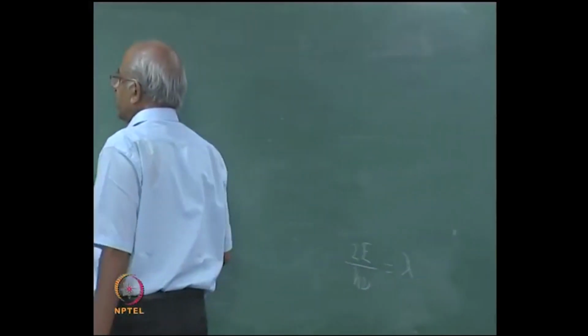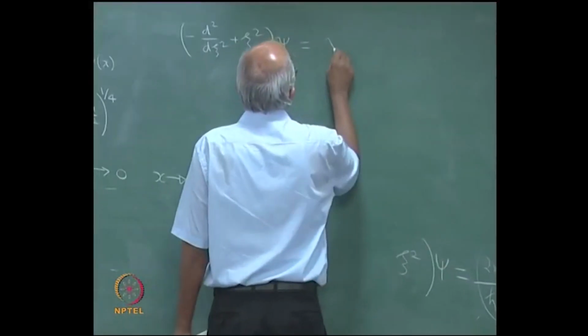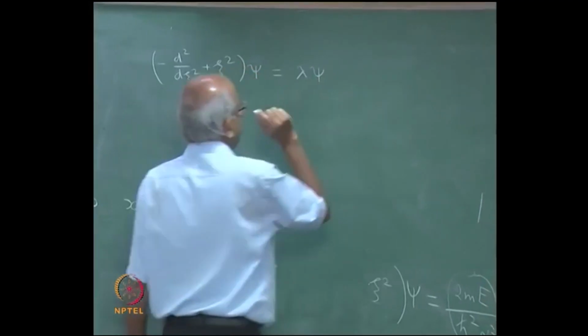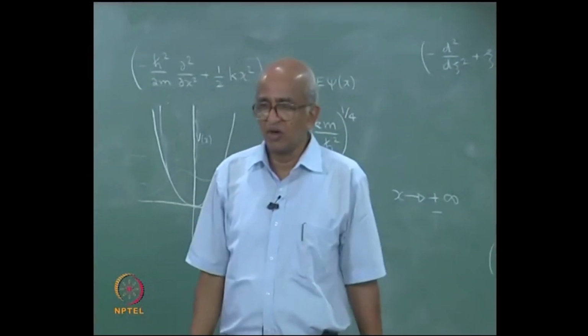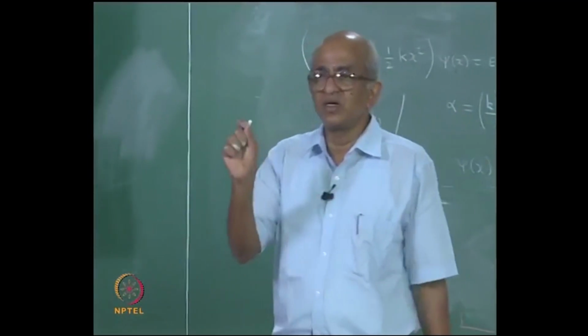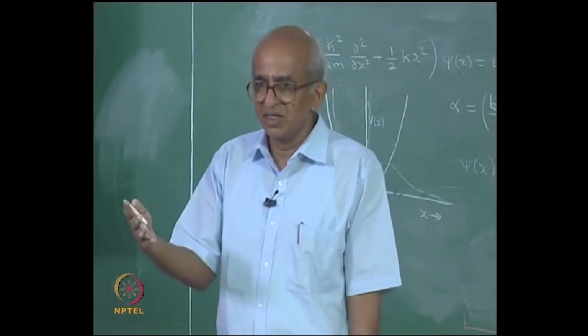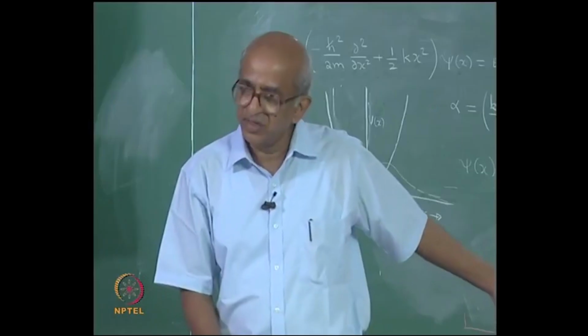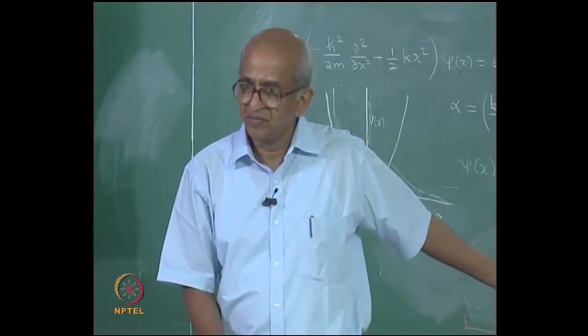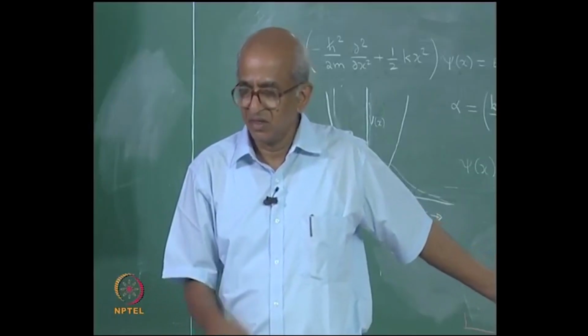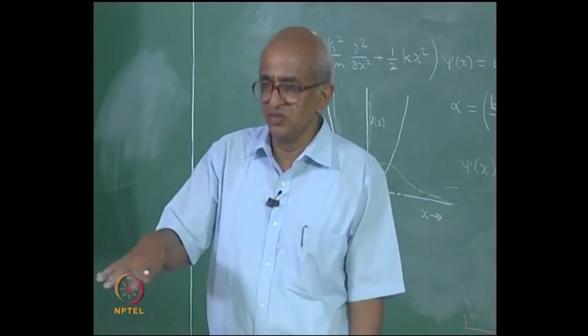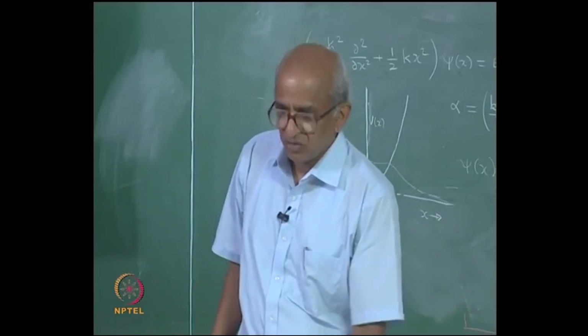It is equal to lambda, that is the notation. So, lambda times psi. And now things are nice, because I have only one constant in my equation, and that constant is lambda, and that constant is related to the energy of the particle. Correct? It is actually 2E divided by h nu.